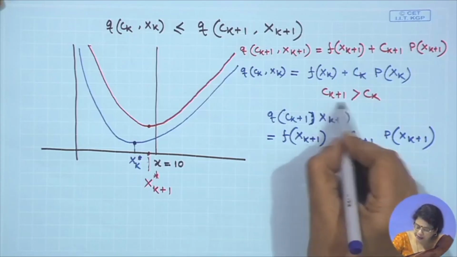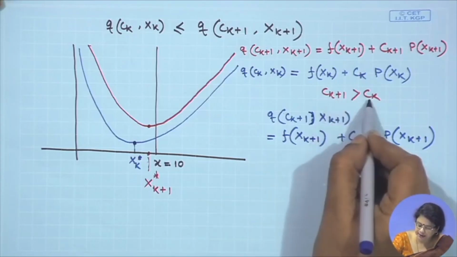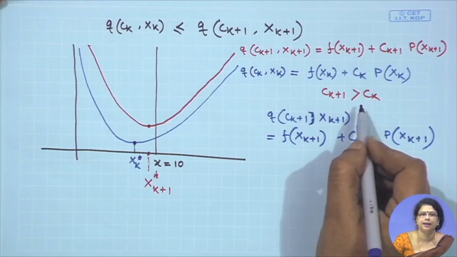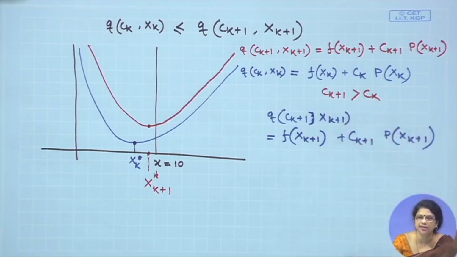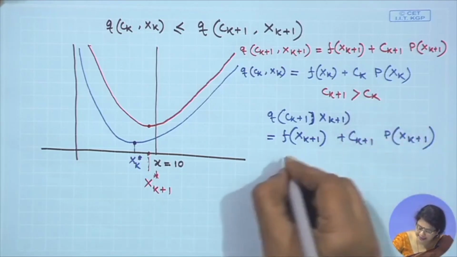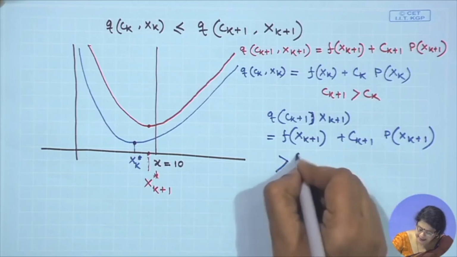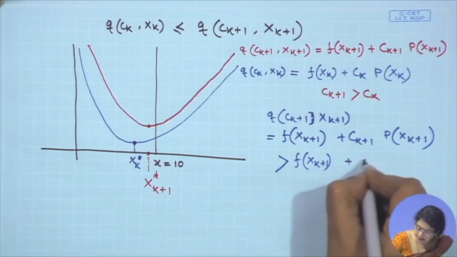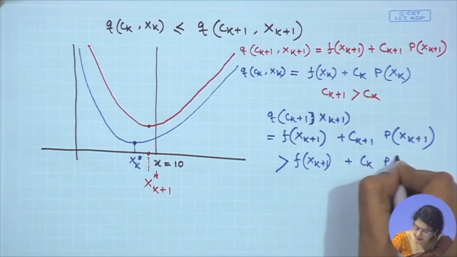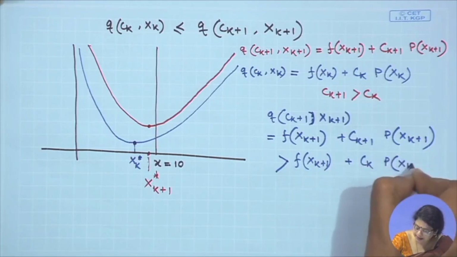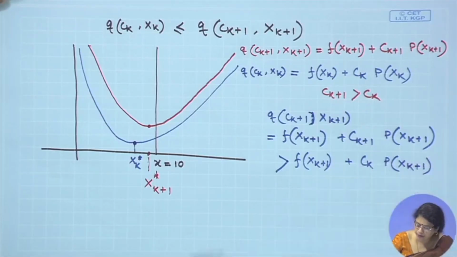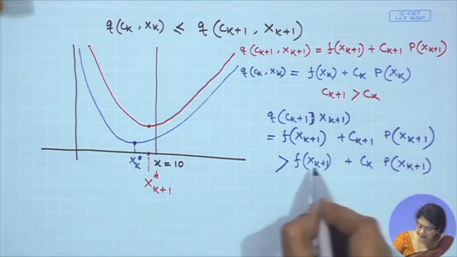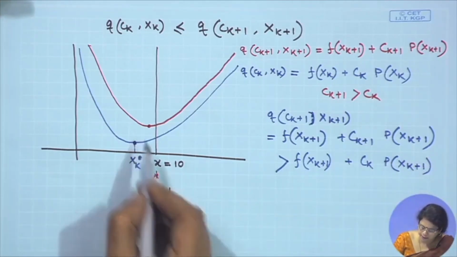Now, c_{k+1} is a higher value than c_k, because the methodology demands that. That is why we can say this is greater than f(x_{k+1}) plus c_k p(x_{k+1}). Okay.